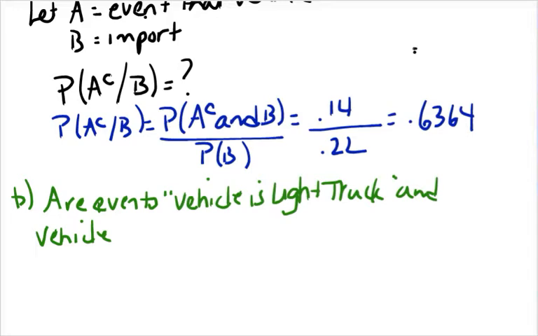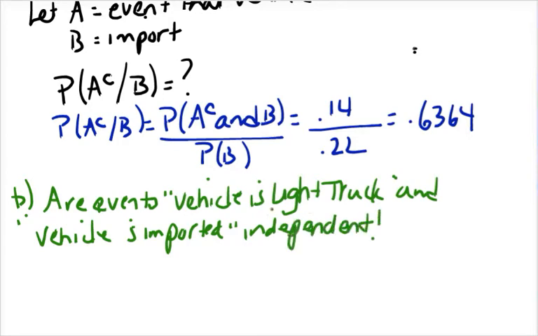The event that the vehicle is a light truck, as already determined, is A complement, and the event that it's an import is B. Are they independent?